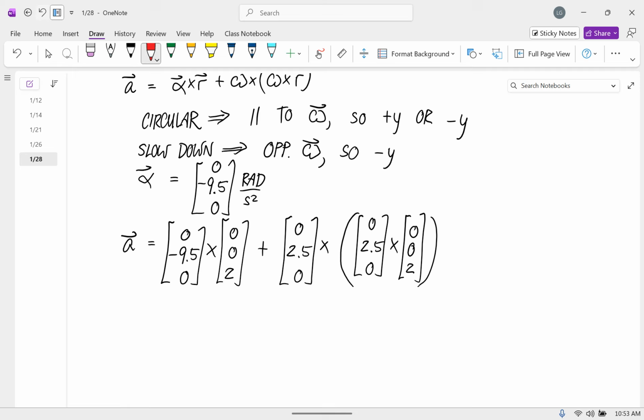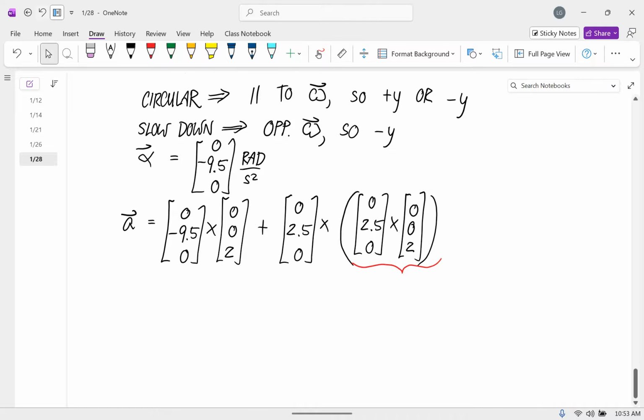Okay, so let's just go through this piece by piece. This is the one that we already did. This is omega cross R, so this is 5, 0, 0.